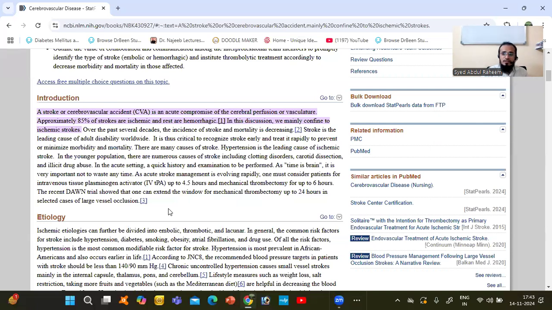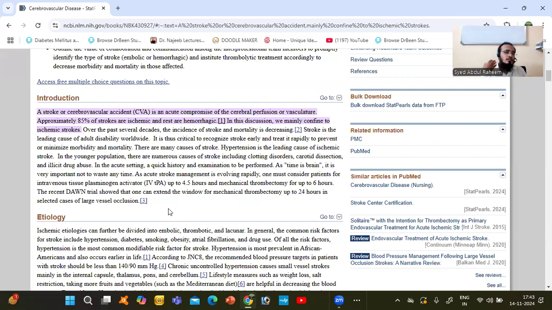So we know that 85% of cases are ischemic stroke and 15% are hemorrhagic stroke. So the reasons behind ischemic stroke are given here: hypertension and clotting disorders. Okay, so we have clotting factors in the body, and they are not working properly. That's the reason our blood becomes clotted.